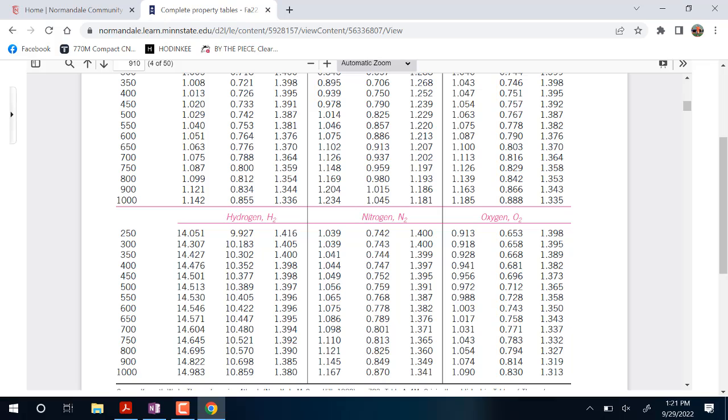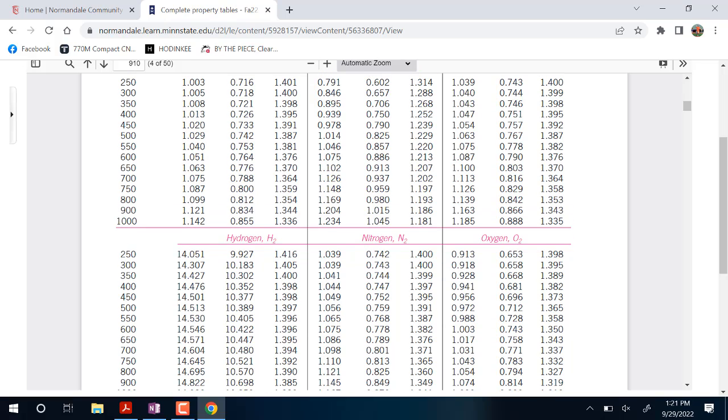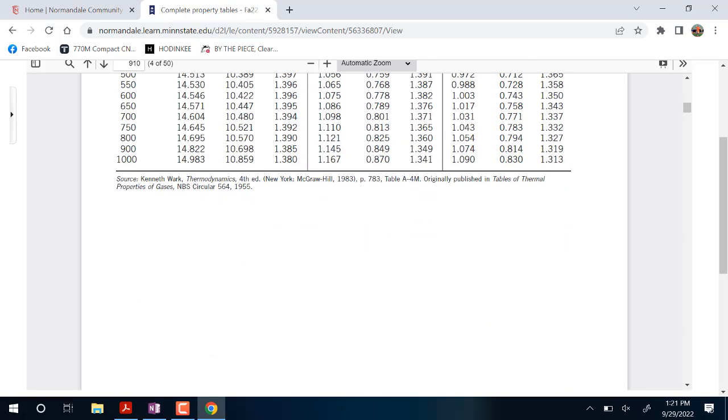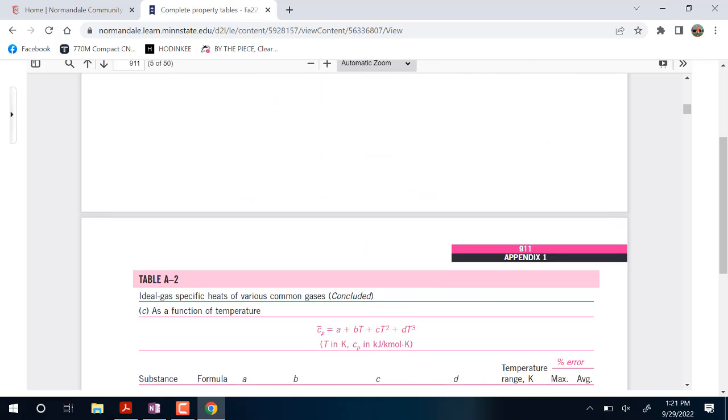At 350, which is a little higher than we had, it's 0.744. So you get really good results for a change in temperature that small. And you can look at these and see how big a temperature change you need to get a considerable change in the specific heat, where that approximation would break down. Like we're doing, we don't have to use a relation where we have changing specific heat.